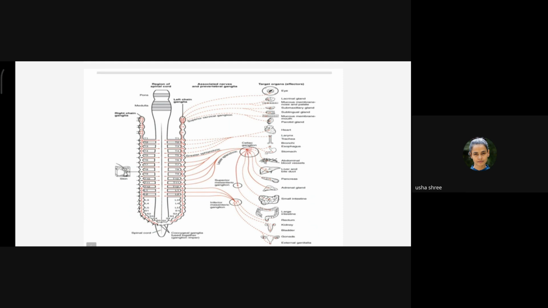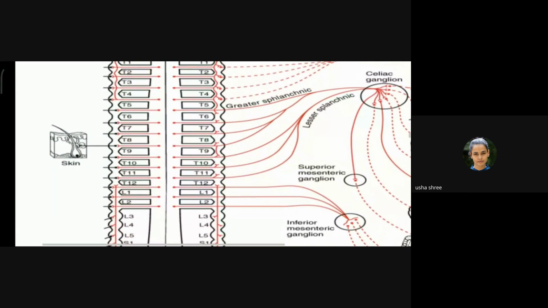Here in this picture you can see this black line in the middle is the spinal cord, and just beside that spinal cord, a chain of ganglions is present.